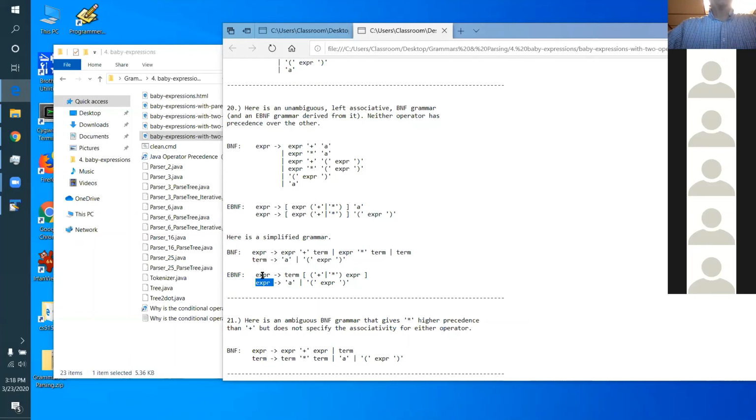So there's recursion. I have to look at this one carefully. Here there's left recursion. Here there's right recursion. So I may have messed this one up. That one looks like right recursion. So I may have made a mistake. I may have copied and pasted this from the wrong place.